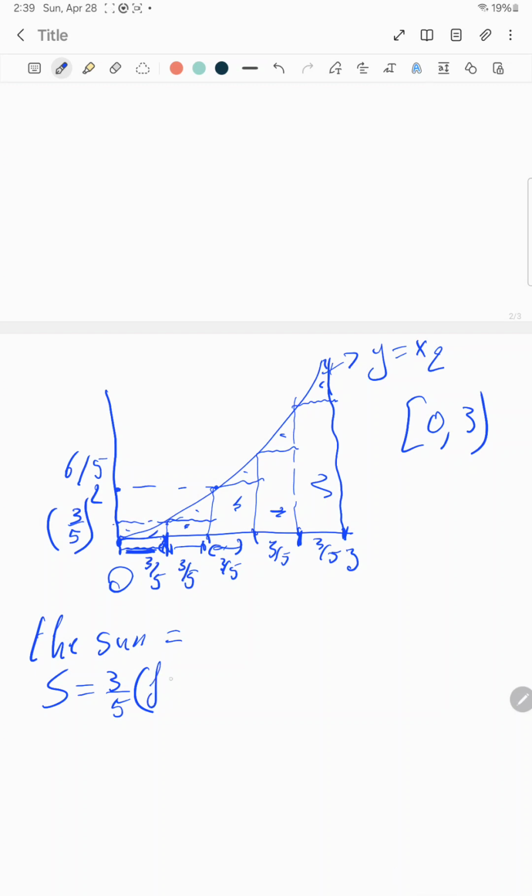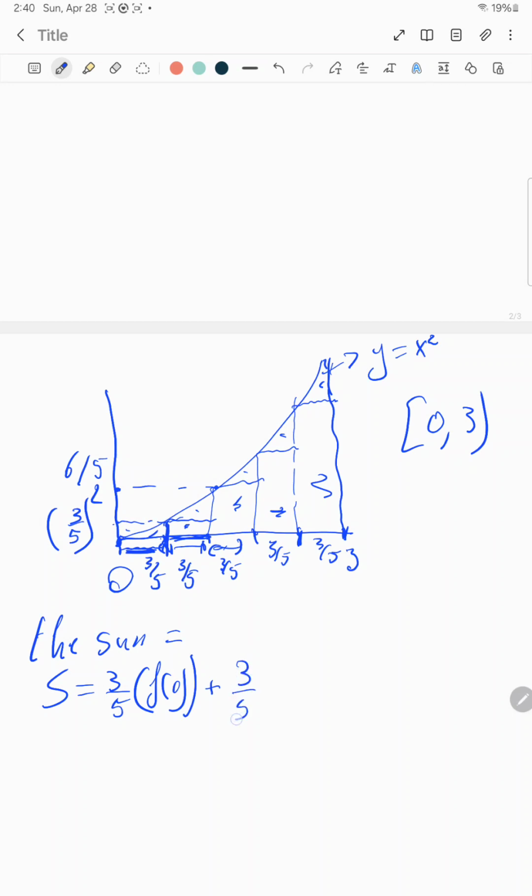So f of 0, because I start with this point, square, because my function is x square here, not x2. Which is f of 0, plus again the distance between here and here is 3 over 5 multiplied by f of 3 over 5.